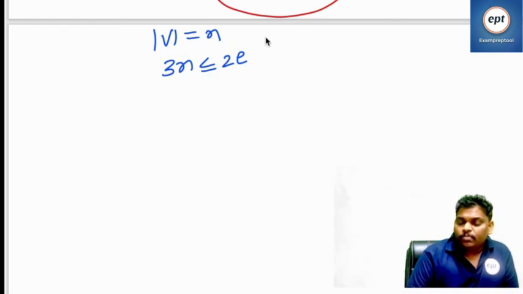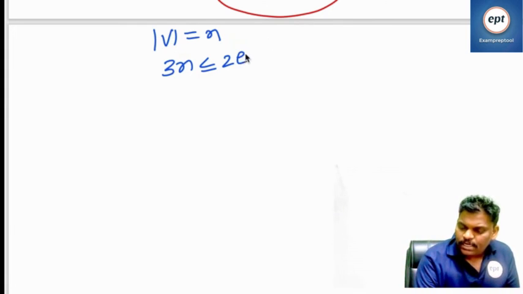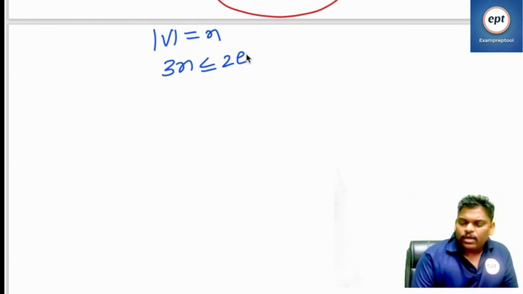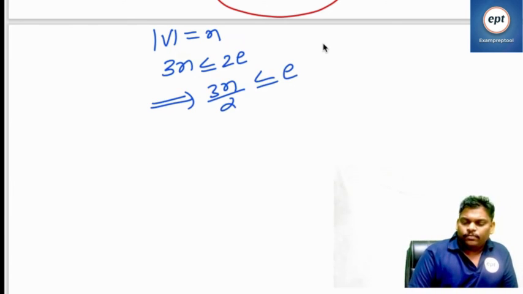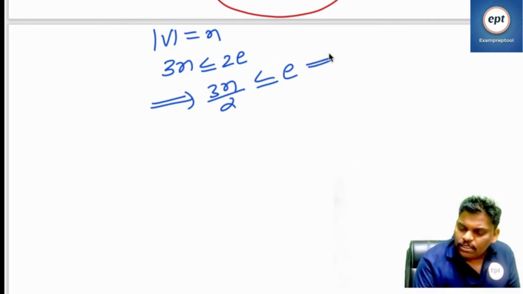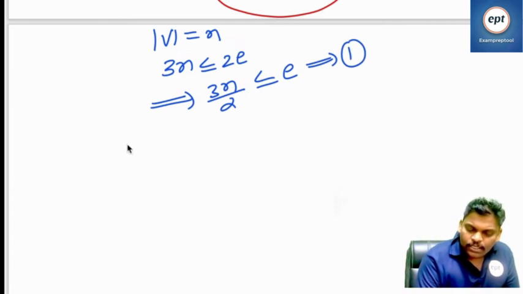I want the e value from this. So 3n by 2 is less than or equal to e. This is equation number 1. See the next one: V plus r is equal to e plus 2.